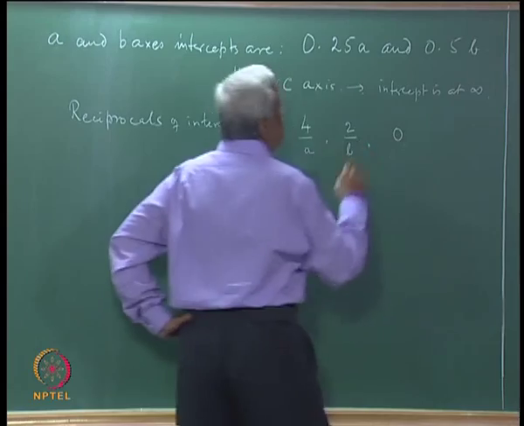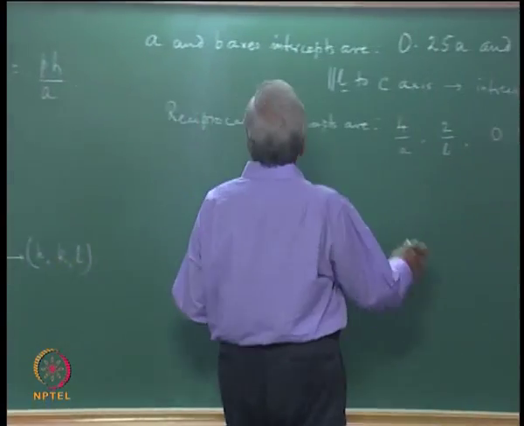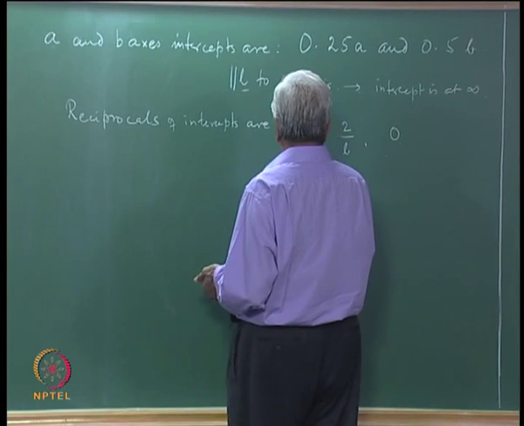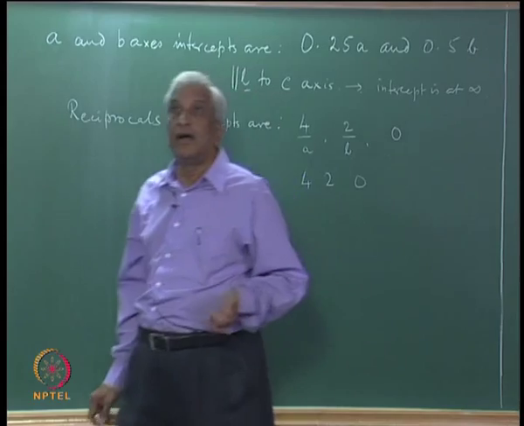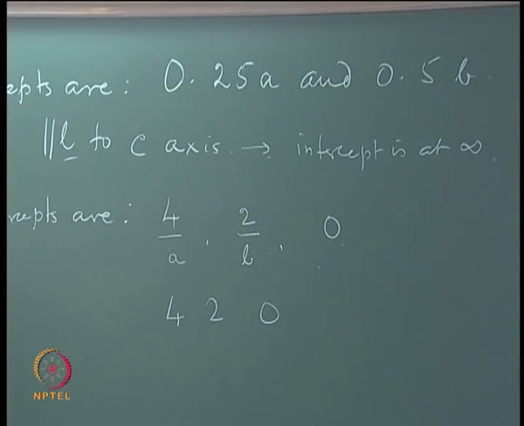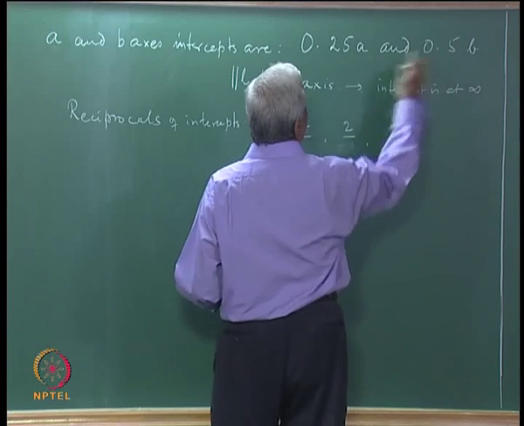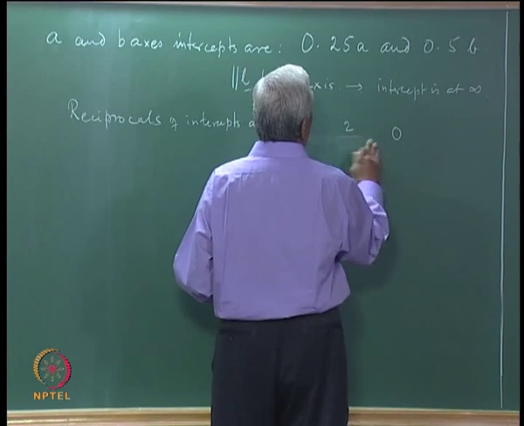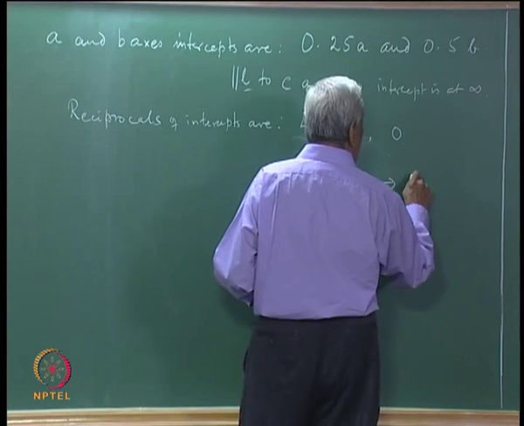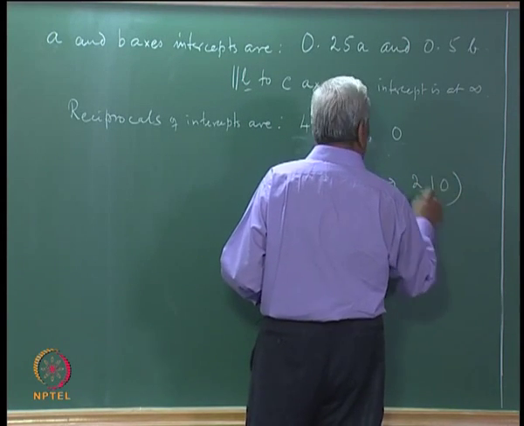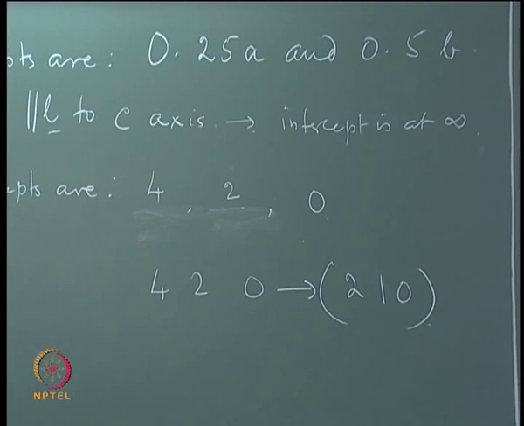Therefore, the reciprocal of infinity is 0. Therefore, this becomes 4 2 0. We need not write a and b since they are measured in units of a and b. So, this is 4 2 0, which reduced to smallest integers is 2 1 0. Those are the Miller indices of the plane.